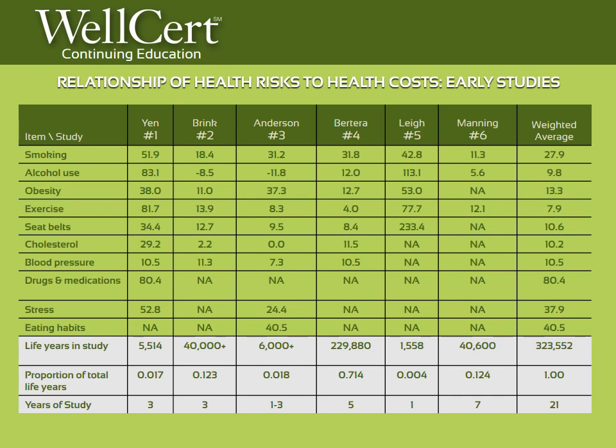Those are all the areas of study that were looked at by these 6 studies. And what you see in the area above the white area are percentages that are the difference between the person who did those unhealthy activities and the individual who did not.